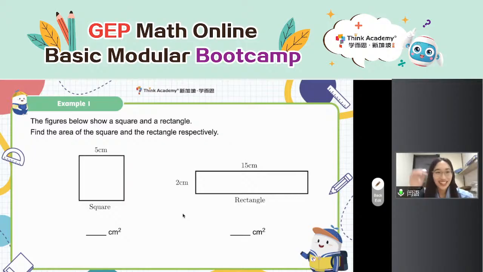Wow, I see some mistakes. Some students say the first one is 20. Are you sure? What is the question asking you? The area of the square. What is the area?